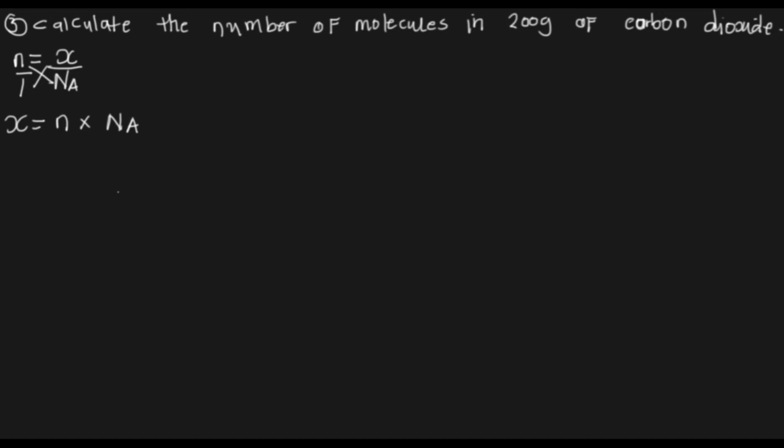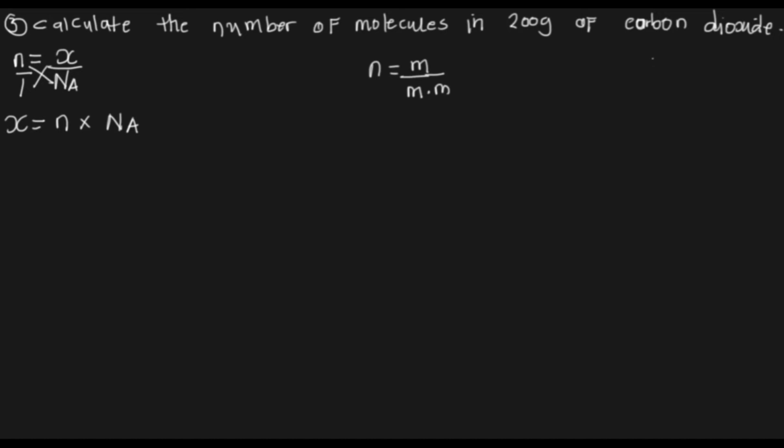From there we can see that we have been given the mass of carbon dioxide, but from the formula we need the number of moles. So let's find the number of moles by using this mass. The number of moles is equal to mass divided by the molar mass. So let's first write the chemical formula for carbon dioxide.